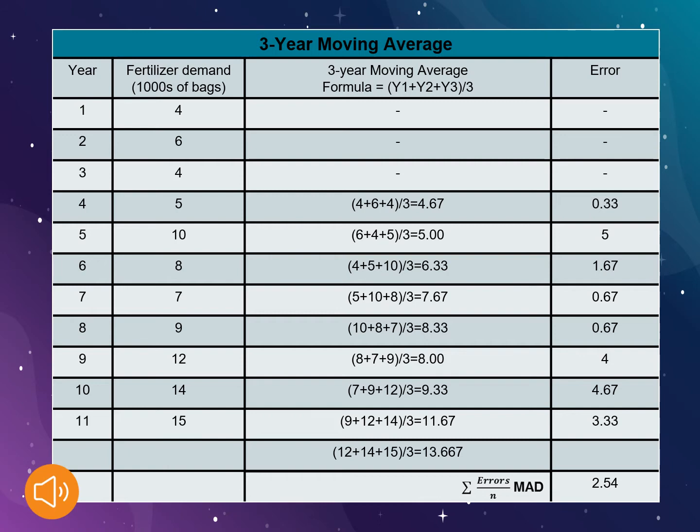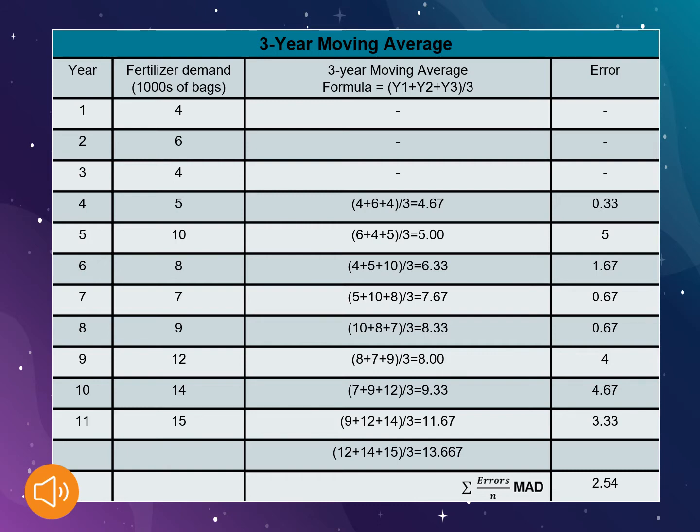In this forecast, the formula is really simple. We just add all the data from the previous 3 years for the year we're going to forecast. That is why there is no forecast for years 1, 2, and 3, because we are using 3 years of data.